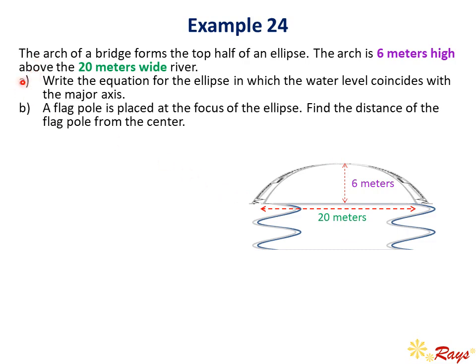So for question A, we take the major axis as coincide with the water level like this, then we position our x-axis and y-axis so that the center is at 0, 0 here.